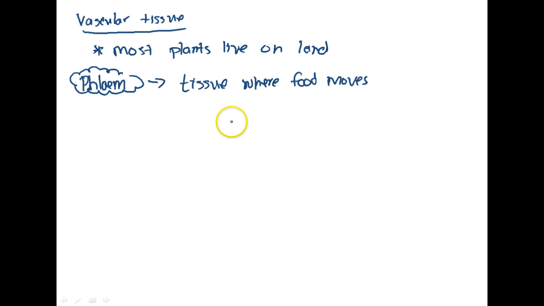And so imagine that if this is a leaf and this is the trunk of the tree, it has to be able to move the food that's occurring through photosynthesis down throughout the entire plant. And so phloem is like an elevator system. It's basically going from the top down to the bottom.